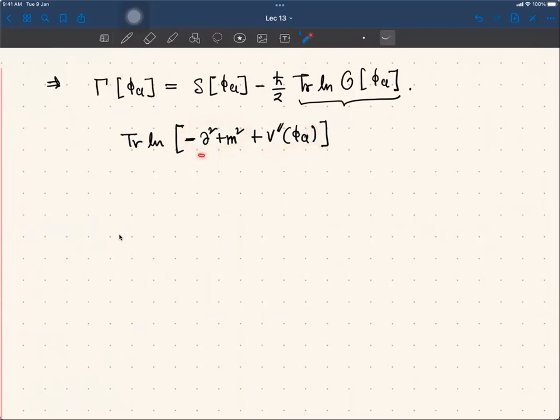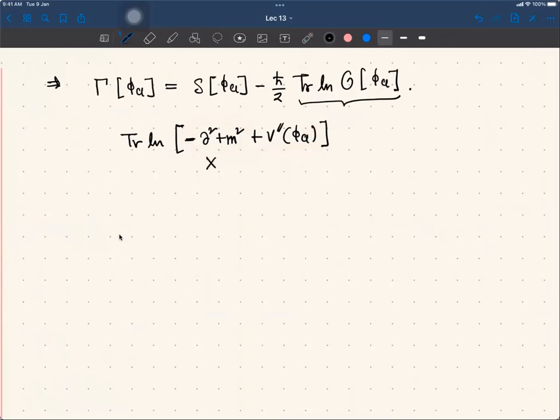But now we symbolically use this as an arbitrary operator, keeping that description in mind.